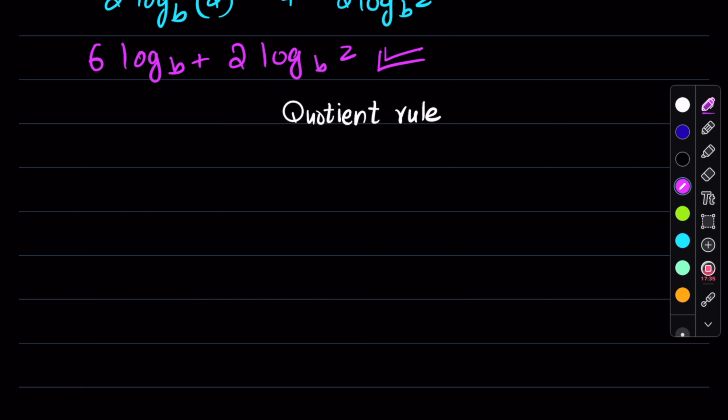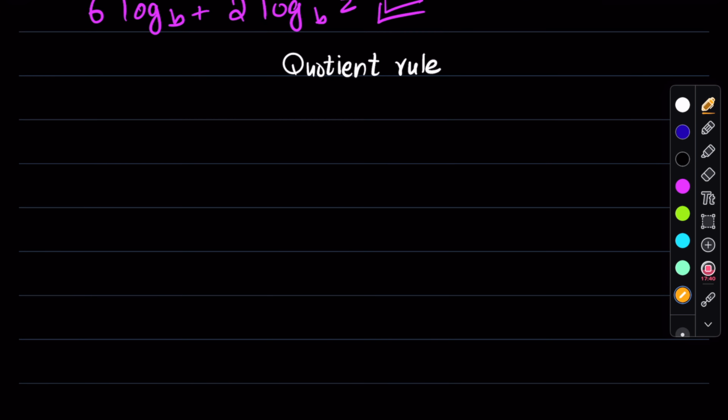Well, it means if I come across a question which says log with the base of a, and we encounter a situation where two terms are being divided by each other, then we break the logarithm again, and instead of adding the logs, we subtract them. Simple as that.